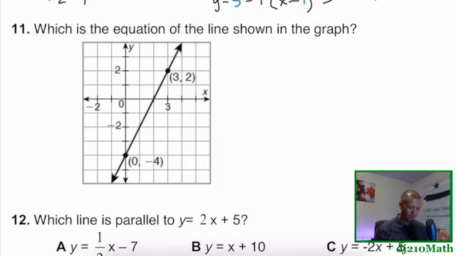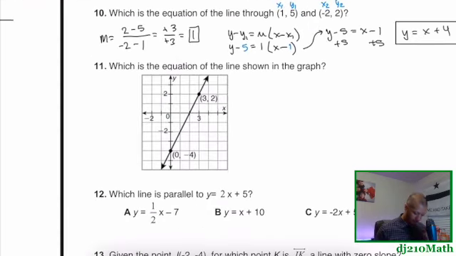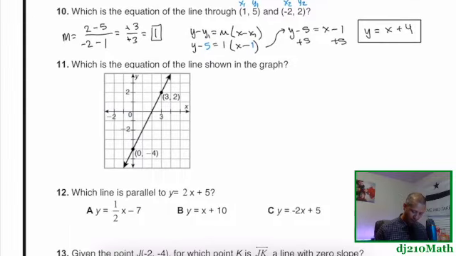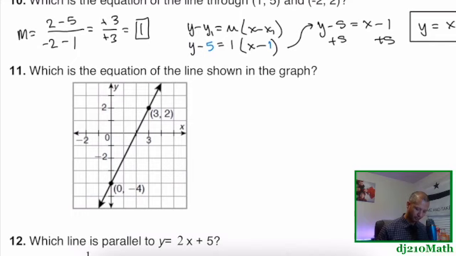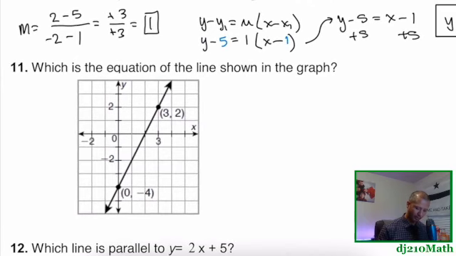Number 11. Which is the equation of the line shown in the graph? Are we choosing? No, we're just writing the equation. So remember, the equation of a line in general, y equals mx plus b. B is the y-intercept. So where does it cross the y-axis? It crosses at -4.